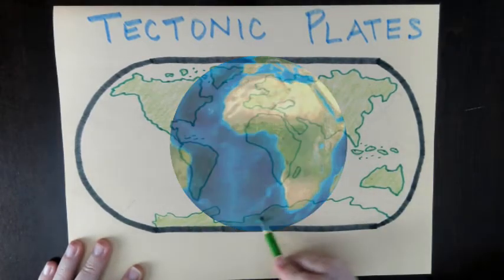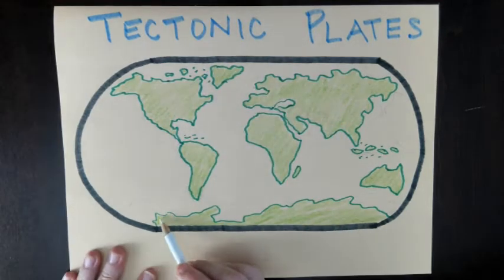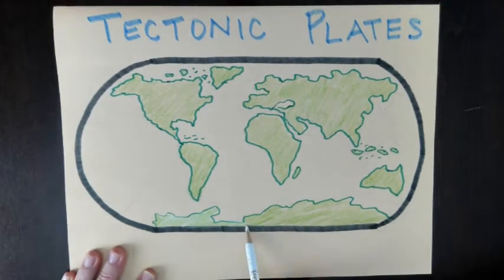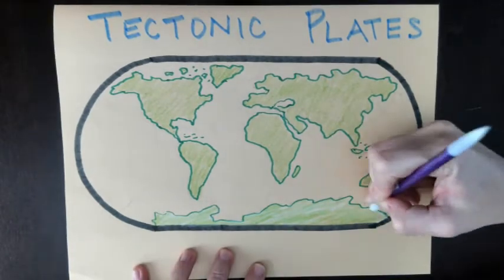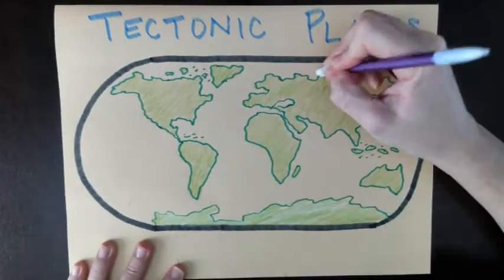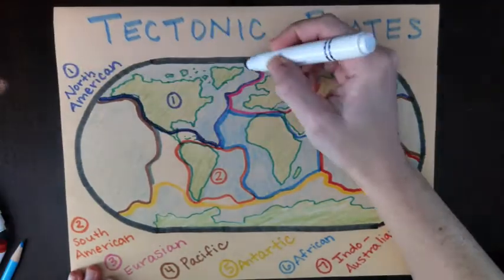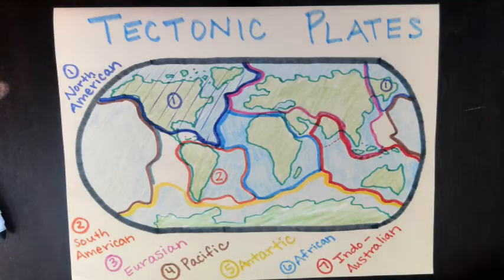And there are 7 major plates that include both oceans and continents. And I am mapping out the 7 major plates.